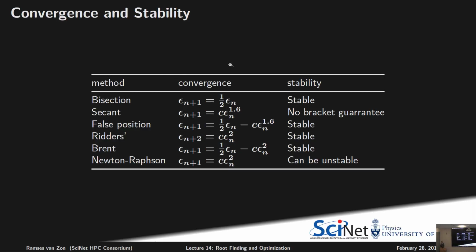solvers, for each of them I've listed the convergence and the stability, by which I mean what is the next error based on the previous error. In the bisection method, you could see the error as being the distance between the two endpoints of the interval.